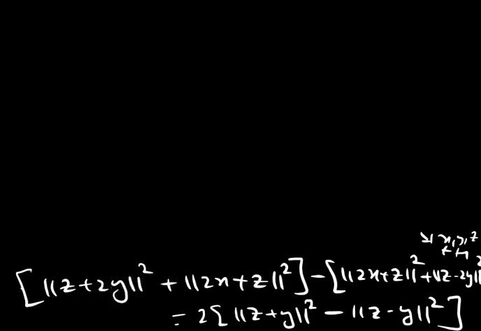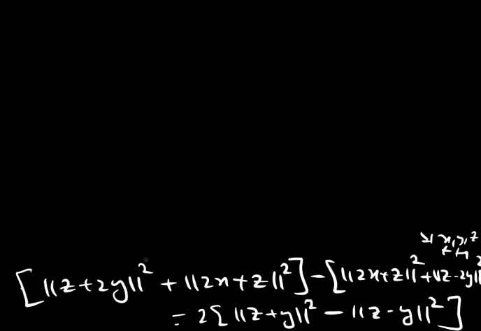Now if you look at this object over here, then what do we get? This is a plus b, a minus b.